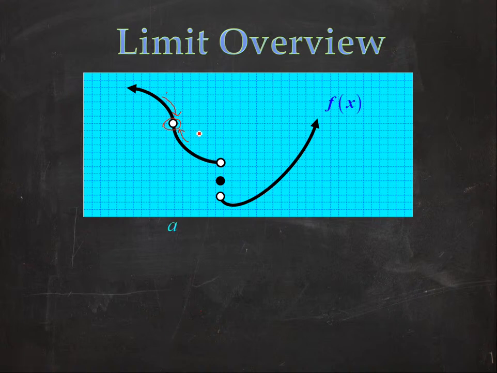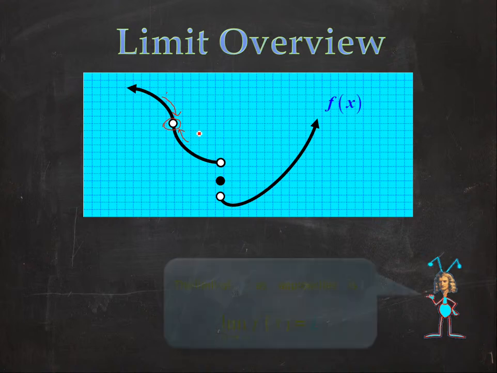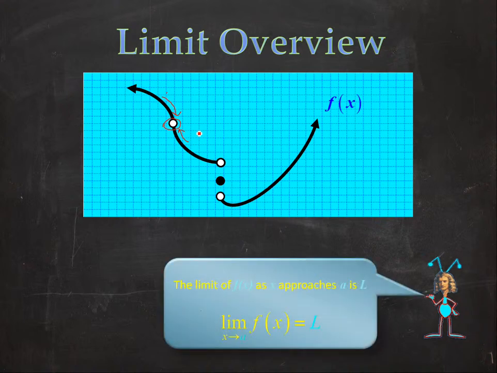So as we approach the train station A from either side, if we get the same value, then we say that we actually have an address for the train station, and that train station's address is typically L. Mathematically, you will see it written this way: the limit of f of x as x approaches A is L. That is, as our two trains approach A from either side, if both trains have the same GPS value as L, then we say the limit exists and the limit of our function is L.